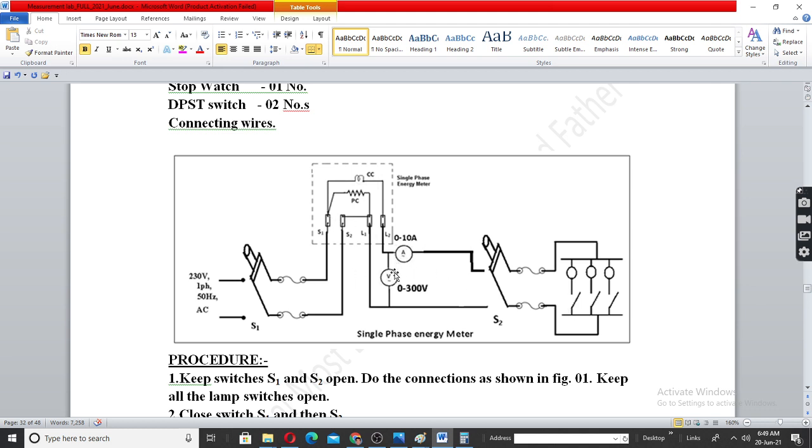As soon as you close S1, the voltmeter will give a reading. The voltmeter will get supply from here, and the other terminal from here. As soon as you close S2 and switch on some lamps, the ammeter will show a reading and the disk will start rotating. Just by closing S1, the disk will not rotate. When you apply load, then only the disk will rotate.